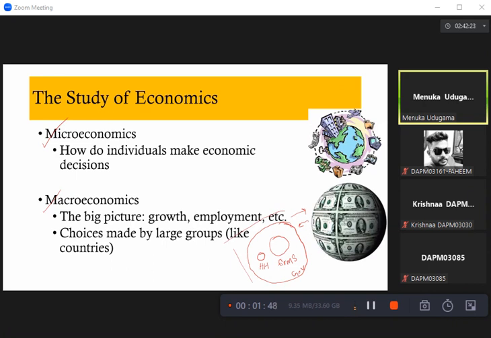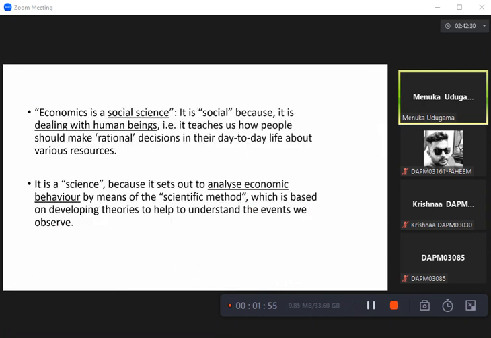All those macroeconomic variables are discussed under macroeconomics, and GDP and so on.